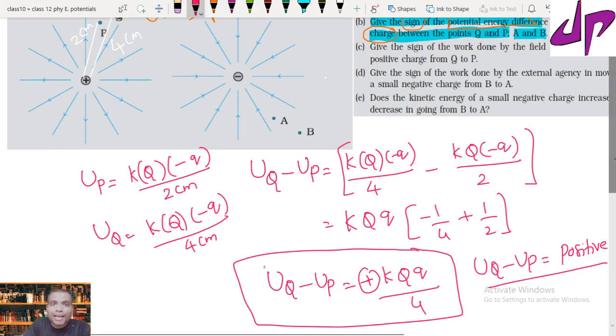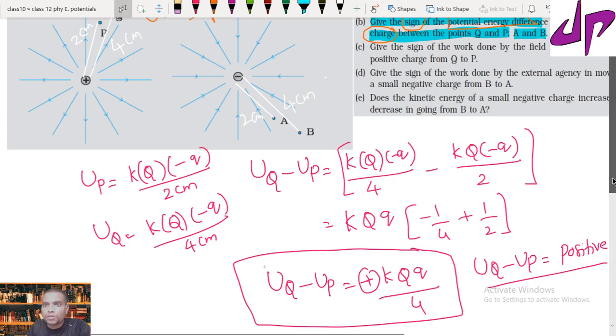Now similarly we will calculate the potential energy difference between A and B. I can make the same assumption: from minus Q to A, I consider this as 2 centimeter, and from minus Q to point B, I will consider this as 4 centimeter.